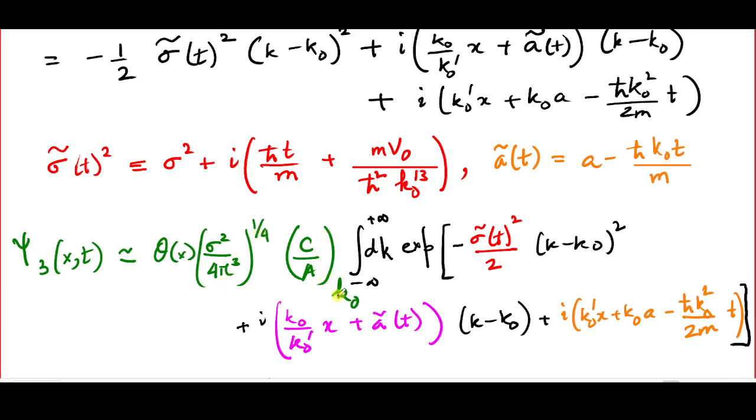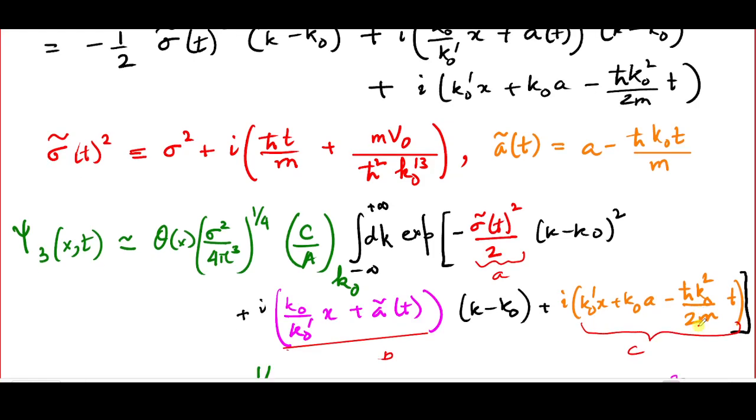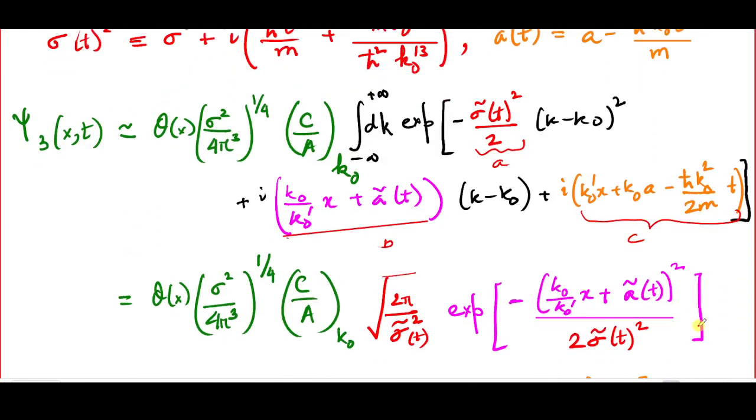These are all what we had. The exponent in the integrand is now minus sigma tilde of t whole squared times (k minus k0) whole squared. So this is my a for the Gaussian integral. This term is the b. And this is the c. So using our result that we had already derived earlier, this is what the integral evaluates to.